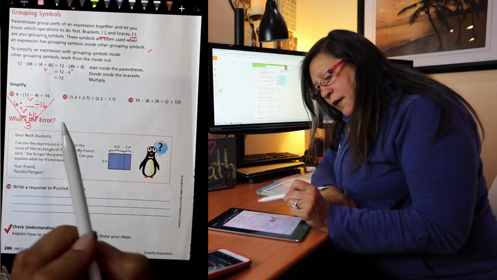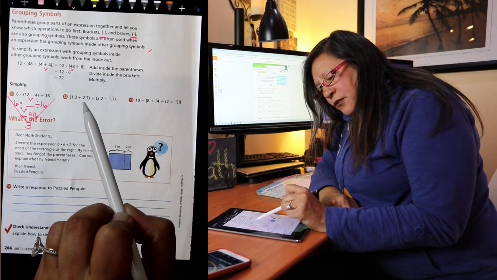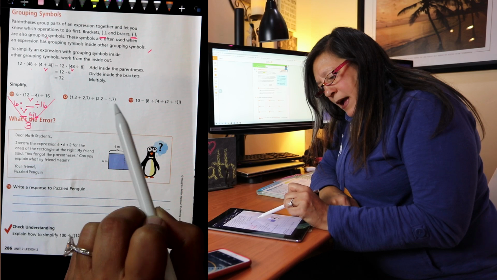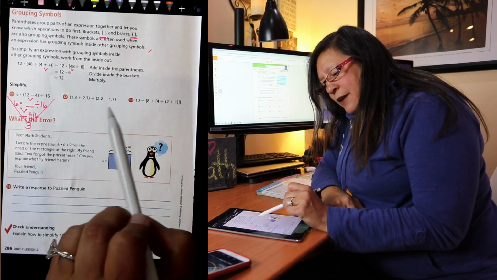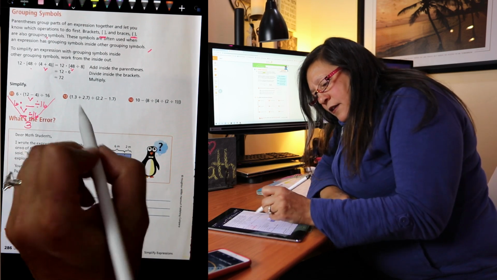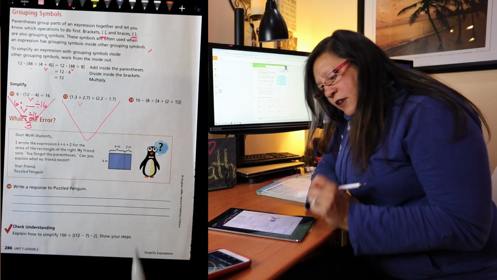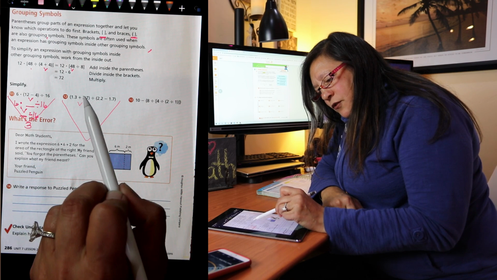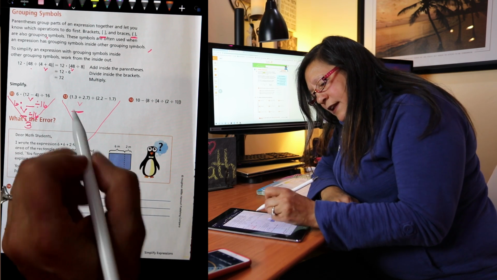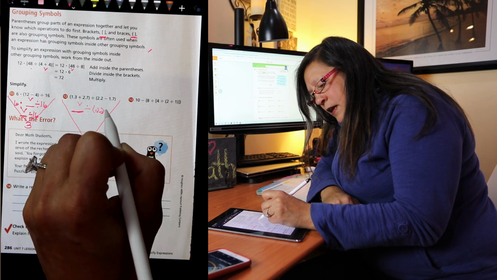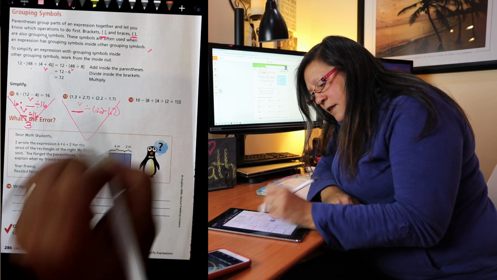Okay, number 12. We have 1.3 plus 2.7 divided by 2.2 minus 1.7. We have 2 sets of parentheses here, so we're going to work left to right. You're going to perform this operation first. 1.3 plus 2.7, get your answer. Bring everything down as is.